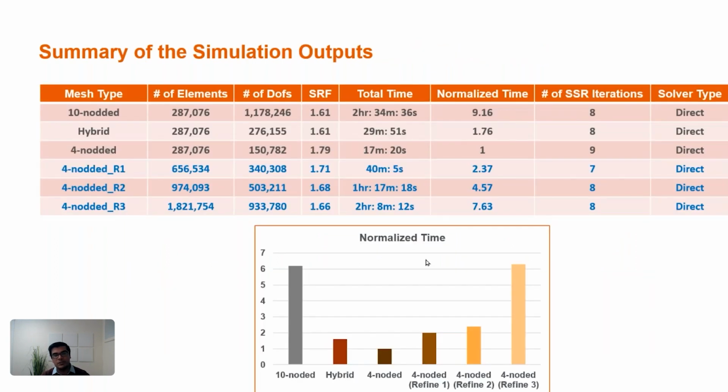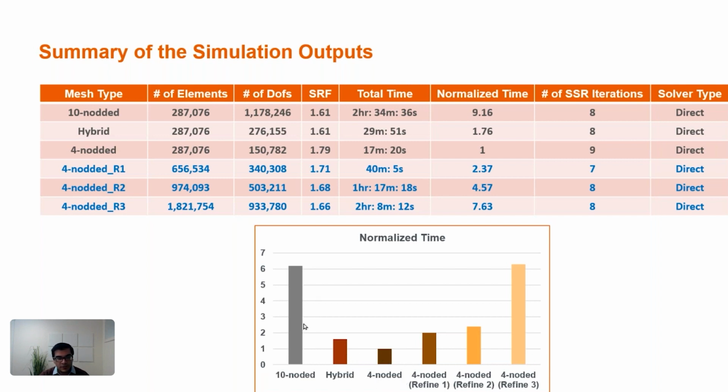So to summarize what we just talked about, here, since we did 6 different simulations, in this table you can see the calculated factor of safety for each of them. And here we are normalizing the time between these simulations. We normalize them all based on the coarse 4 noded mesh we had.